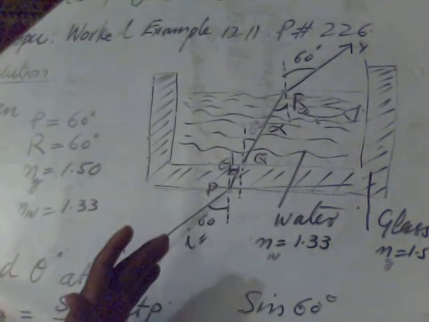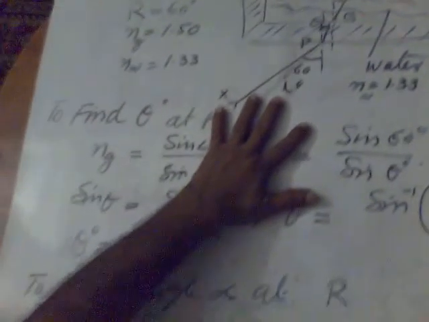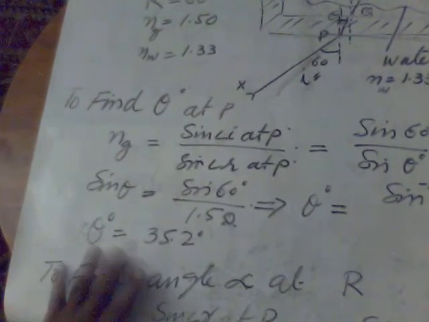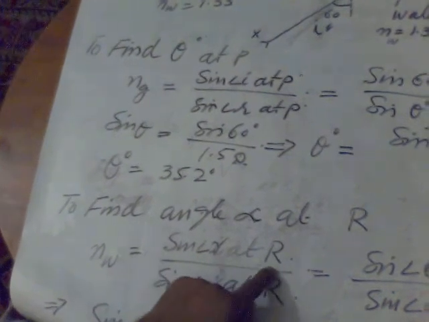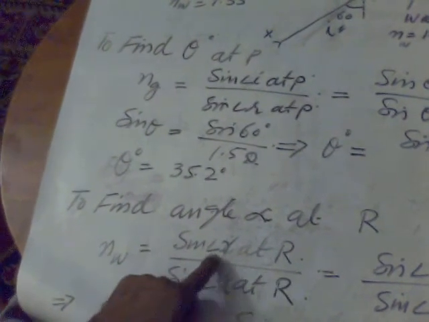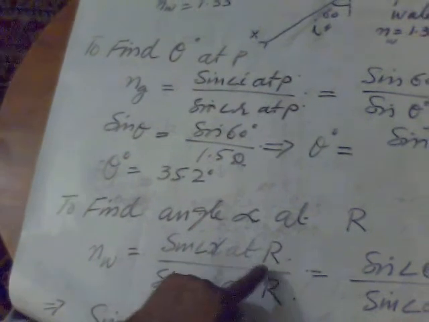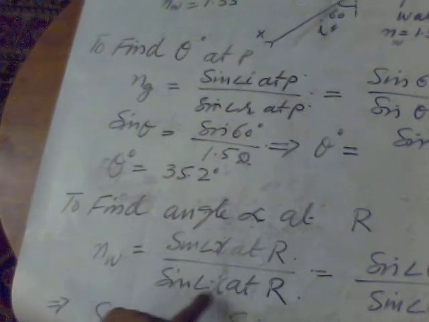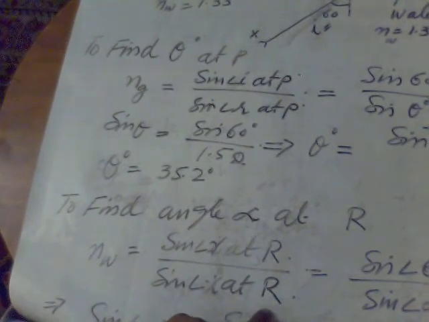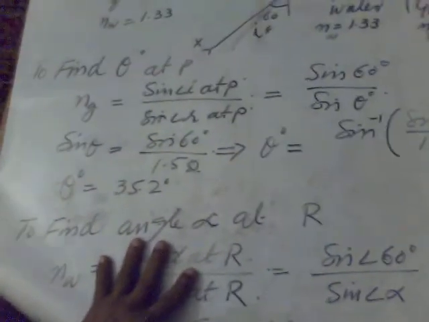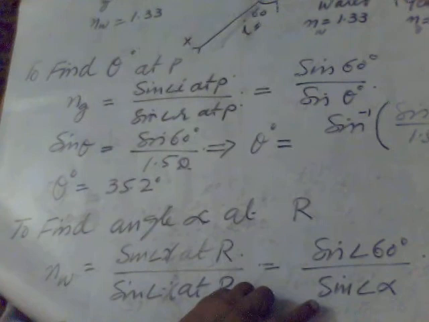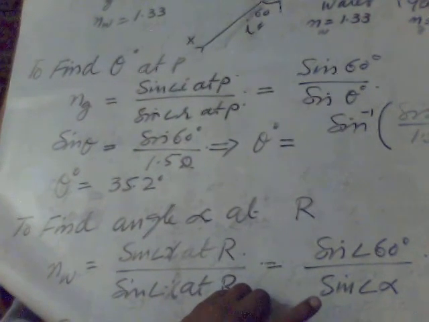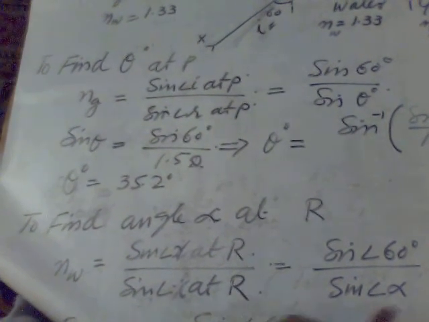Now Snell's law will change a little and we will write it as sine of the angle of refraction at point R over sine of the angle of incidence at point R. The angle of refraction at R is 60 and the angle of incidence at R is alpha.